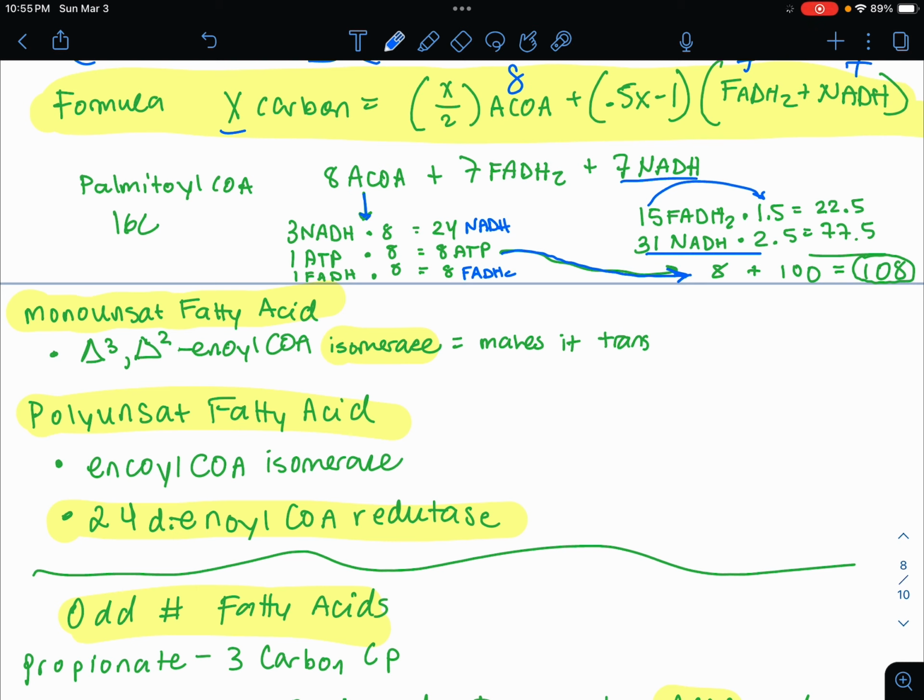Alright, so now we could also talk about the monounsaturated fatty acids. These are going to require a delta 3, delta 2 enoyl-CoA isomerase. You're going to take the cis-delta 3 enoyl-CoA to a trans delta 2 enoyl-CoA.